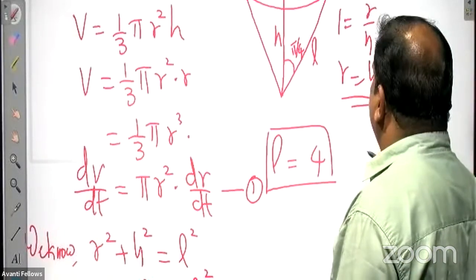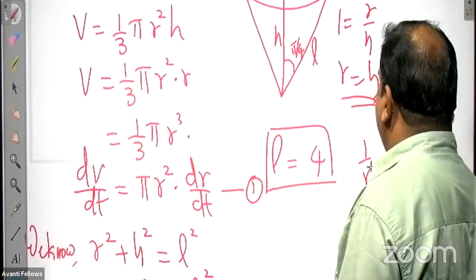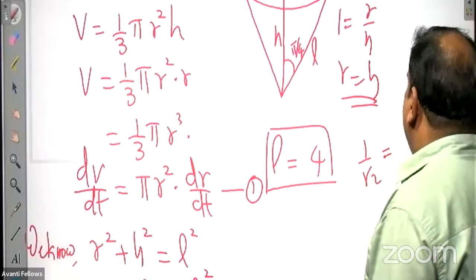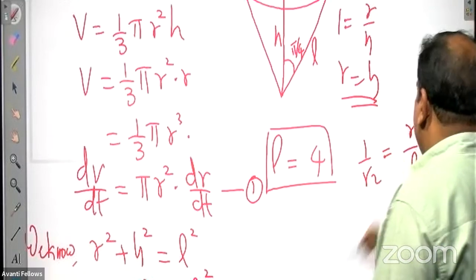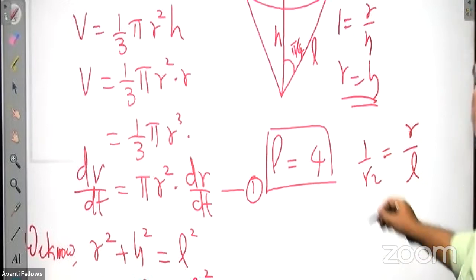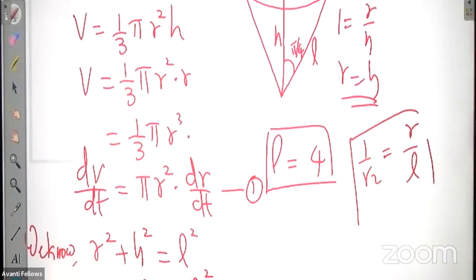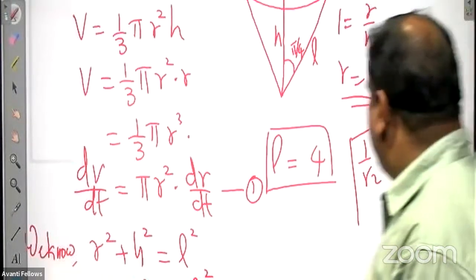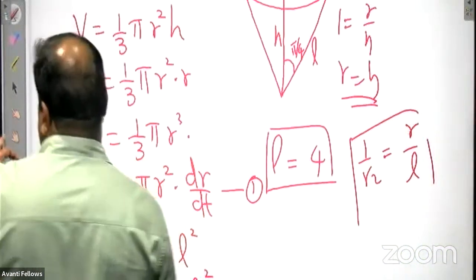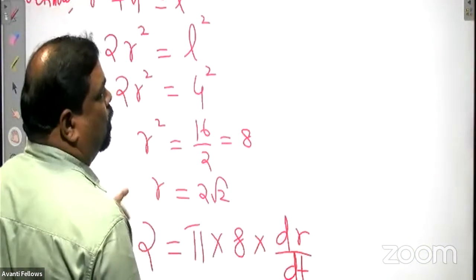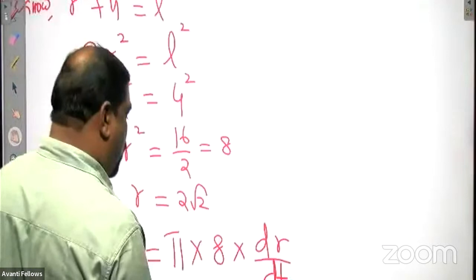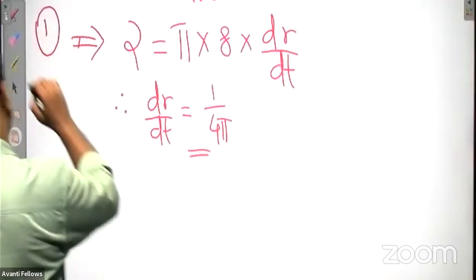We know that sine pi by 4, that is 1 by root 2, is equal to r by L. Sine 45 is equal to r by L. That means 1 by root 2 is equal to r by L. From that, you will get L is equal to r root 2.